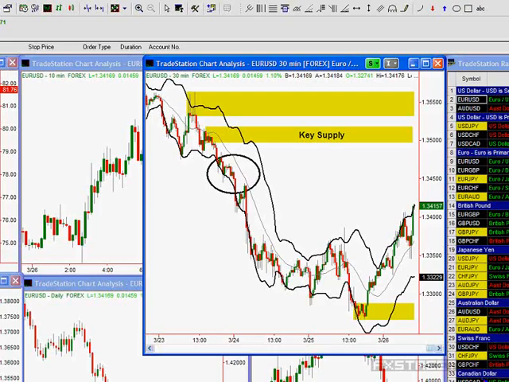So that area that I wrote key supply, the reason why I wrote that is because of what's just below it. Notice we have all those little speed bumps of supply. So in that circled area, what's likely to happen if and when prices go up to that area? Do you think it's going to be easy for price to get through that area, or a little tough for price to get through the circled area? What do you think?